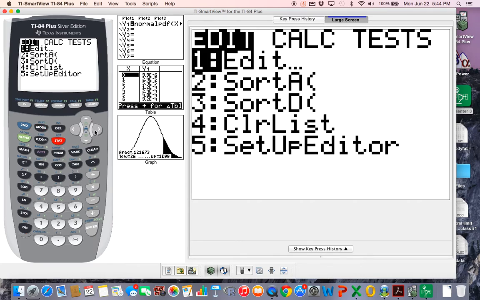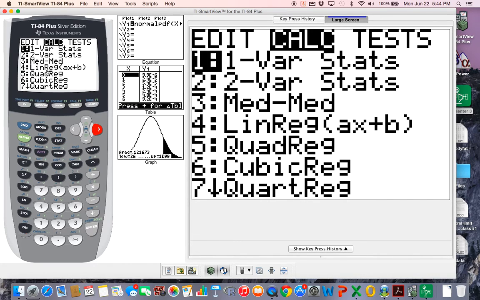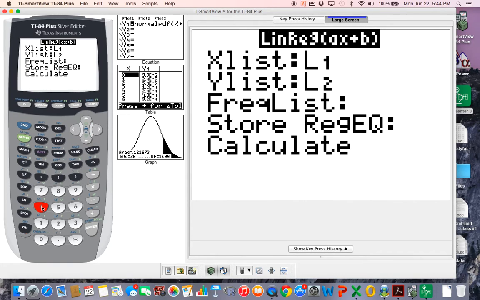So, guys, first thing, second function quit. I'm going to go into stat, go to calc and go to linear regression, just like we've done before. But I need my X to be the values I've got in L2, and I need my Y's to be the values I have in L1.